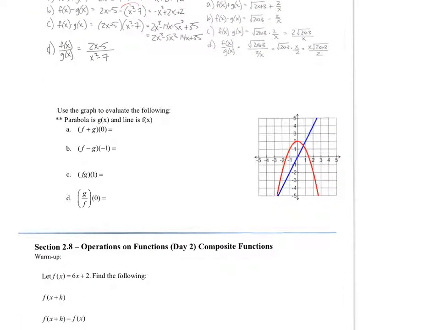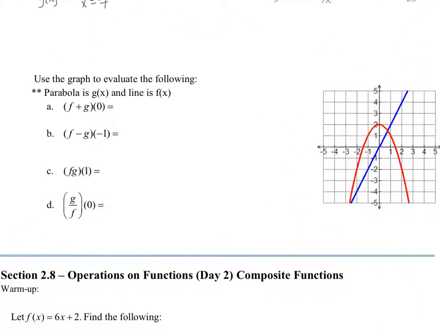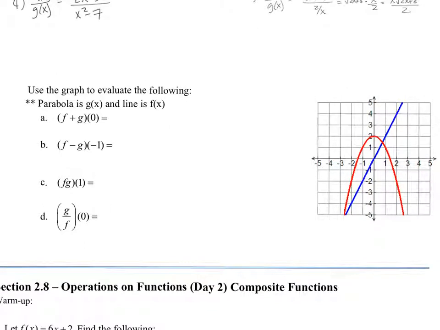Okay, let's talk about this section down here, given this graph. And what you need to know is, again, this is that new symbol, the new notation that we learned earlier. You need to know what that means. And once you know what it means, then you'll be able to probably do the problem. So what this f plus g parentheses 0 means is f of 0 plus g of 0. So, first of all, we need to find f of 0.